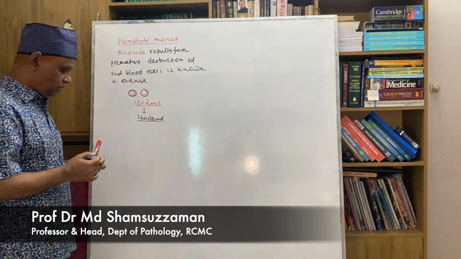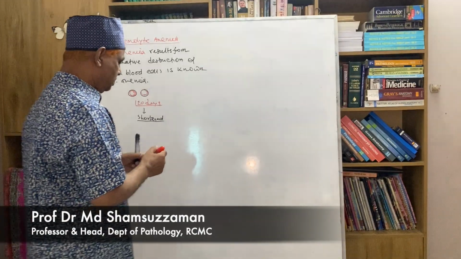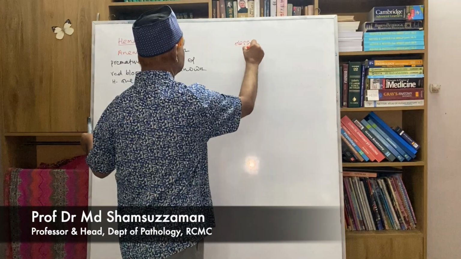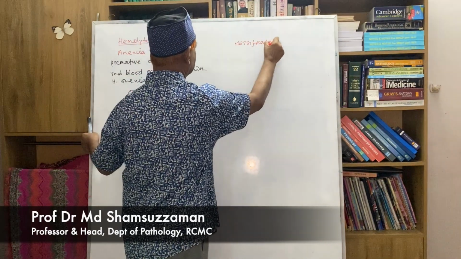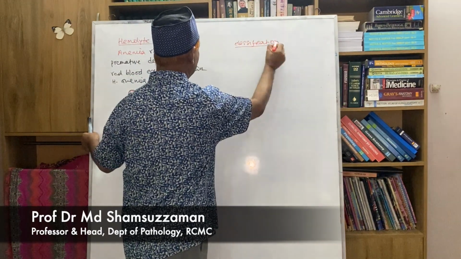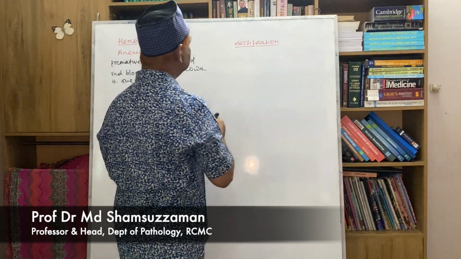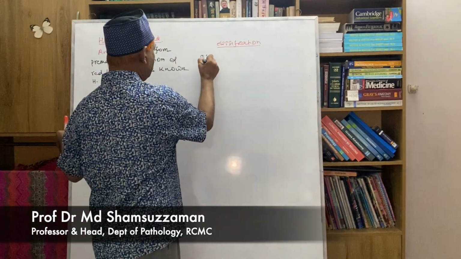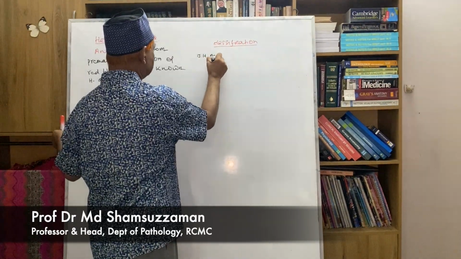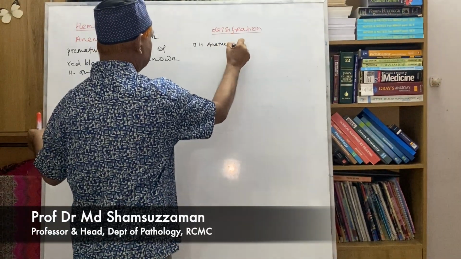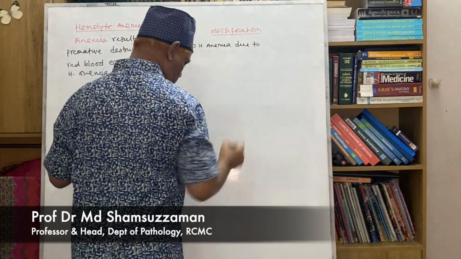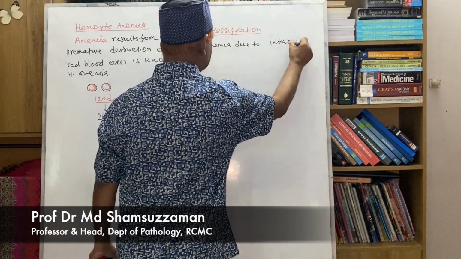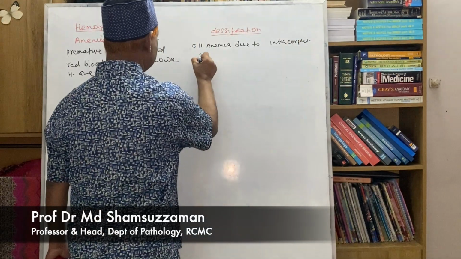Now come to classification of hemolytic anemia. How to classify hemolytic anemia? It can be classified as hemolytic anemia due to intracorpuscular defect.